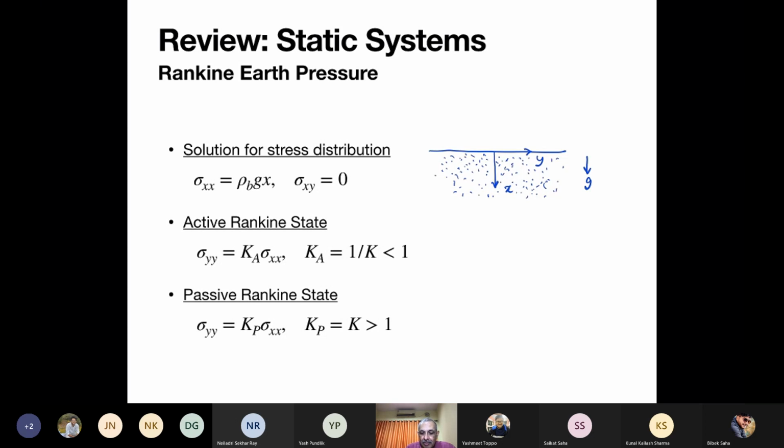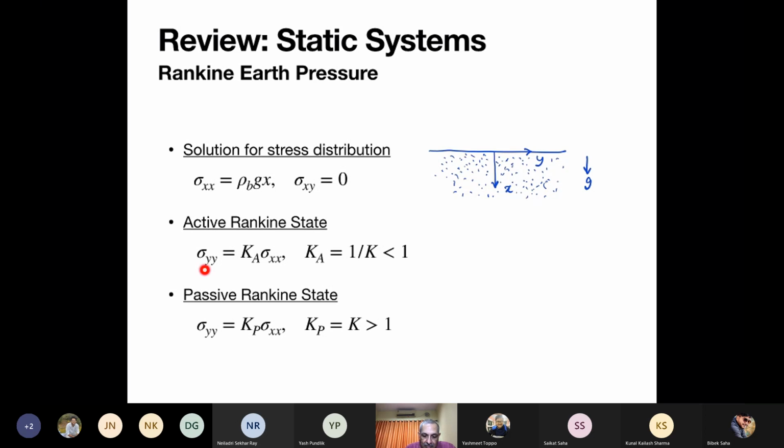And then the simplest problem that we could solve was this, where you have an infinite system in the y and z direction. And when we simplify the equations, we see that the pressure or the normal stress increases linearly in the x direction like this. The shear stress is 0.